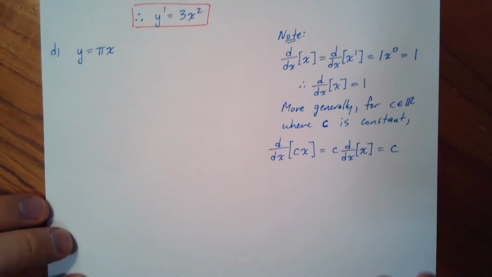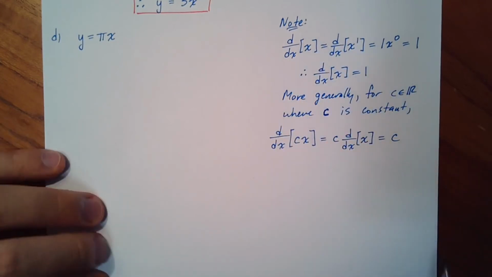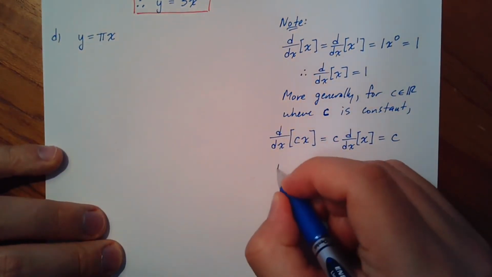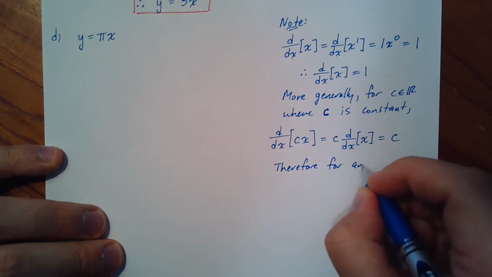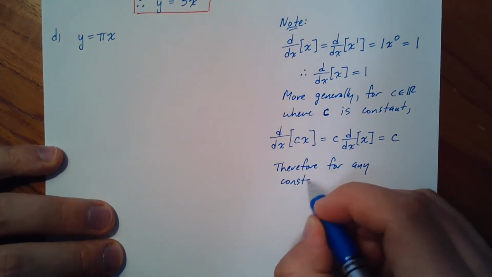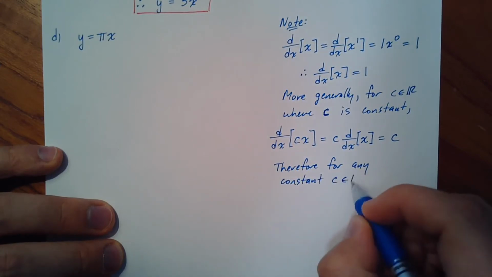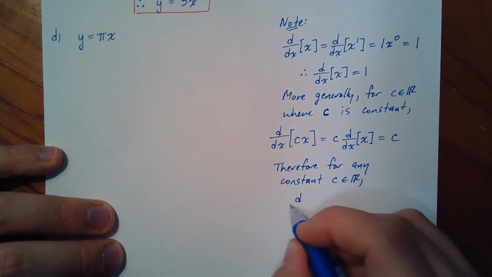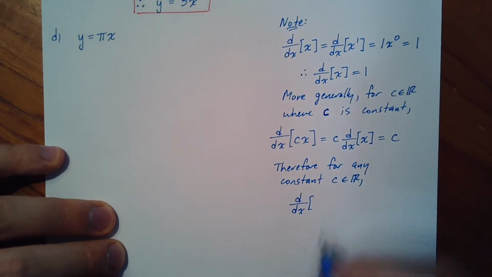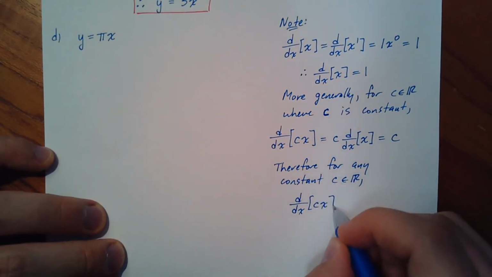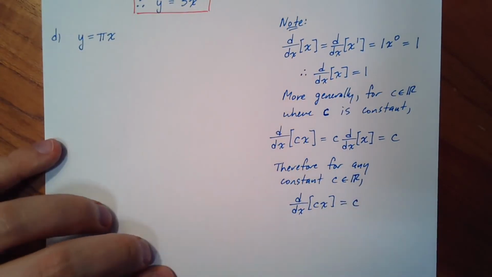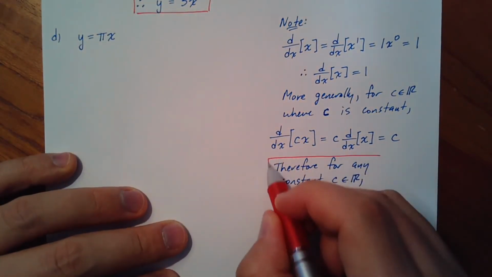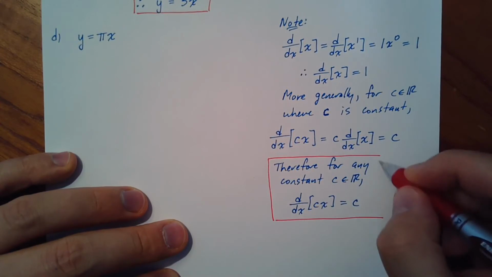So that's the summary I want you to take away from this little side discussion. Therefore, for any constant real number c, the derivative with respect to x of that same constant times x is always going to work out to be c. That's the part I'm going to put a box around because I want you to be aware of that.